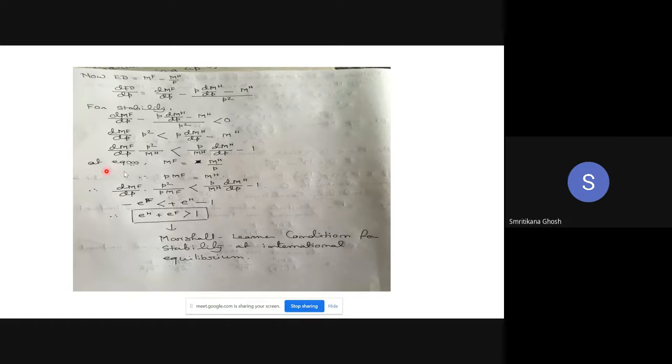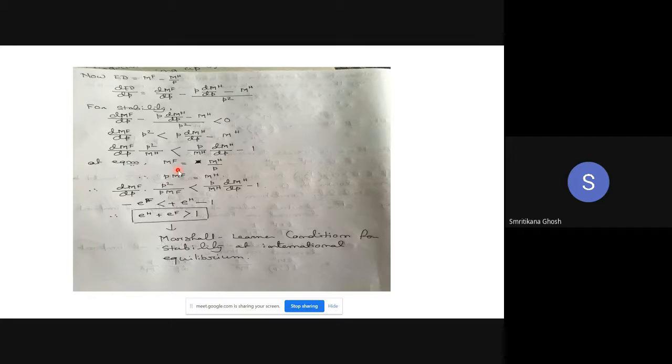Now, at equilibrium, MF is equal to MH by P. This thing you have to understand. MF is what? Import of the foreign country. And this is actually my export, the home country's export.